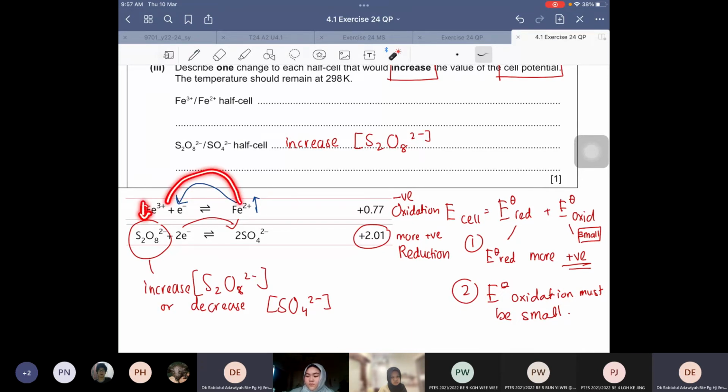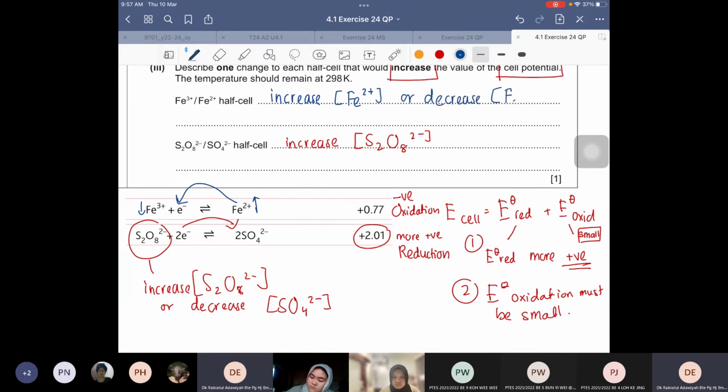So for the Fe3+ Fe2+ half cell, we either increase the concentration of Fe2+ or decrease the concentration of Fe3+. Whatever it is, we want to favor the reverse reaction.